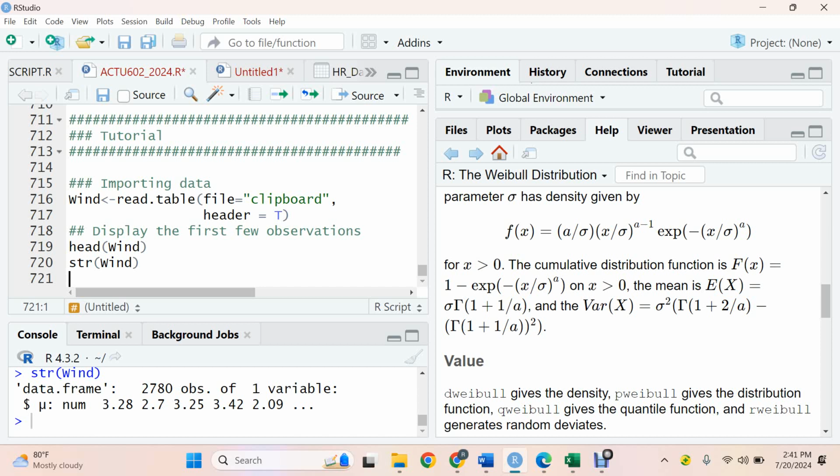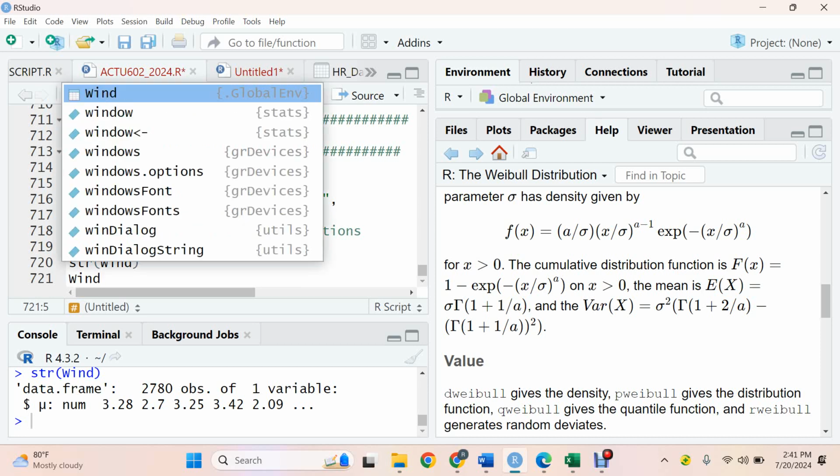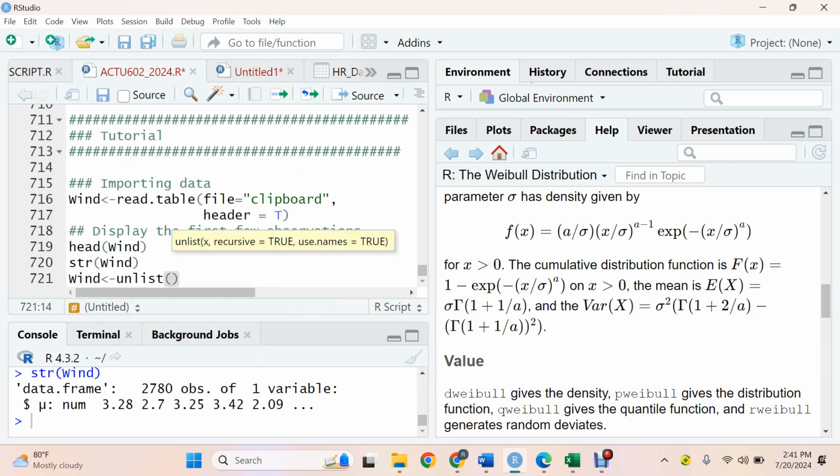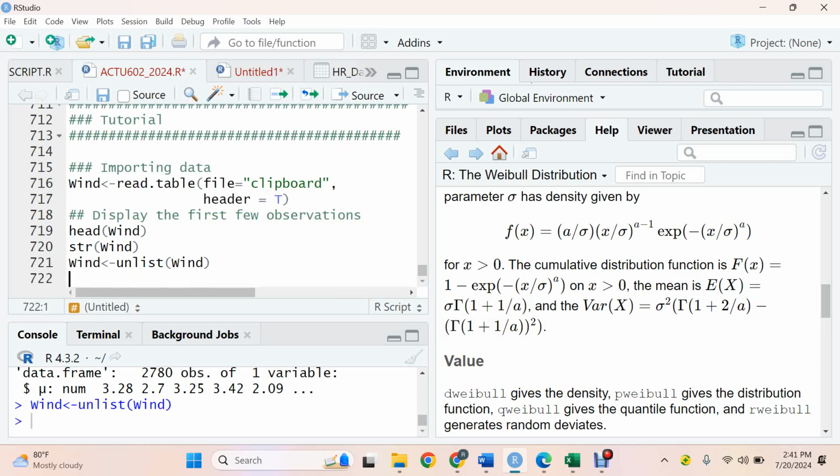Is that okay? Yeah, so we can collapse it. If you want to do that, you can just take wind, and then you can just use unlist. So even though it's a data frame, if we do unlist, it will then be a vector.